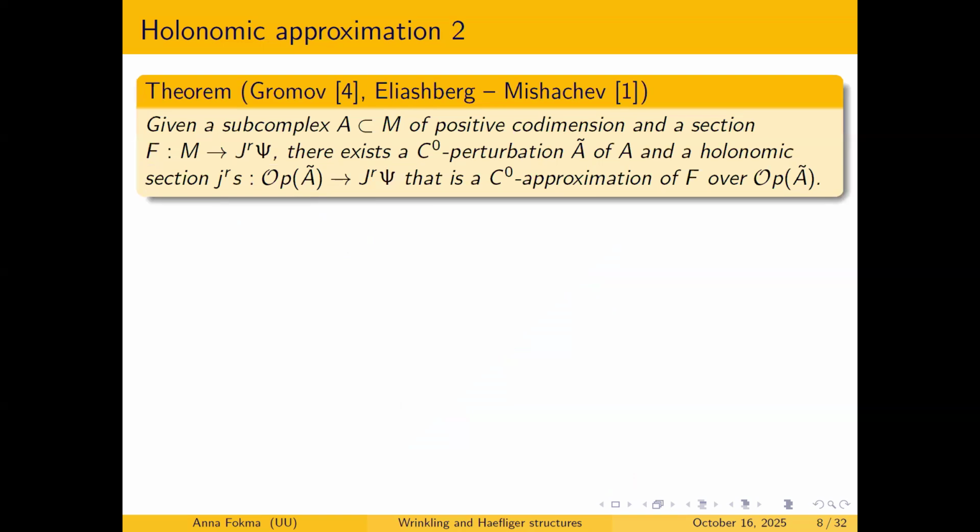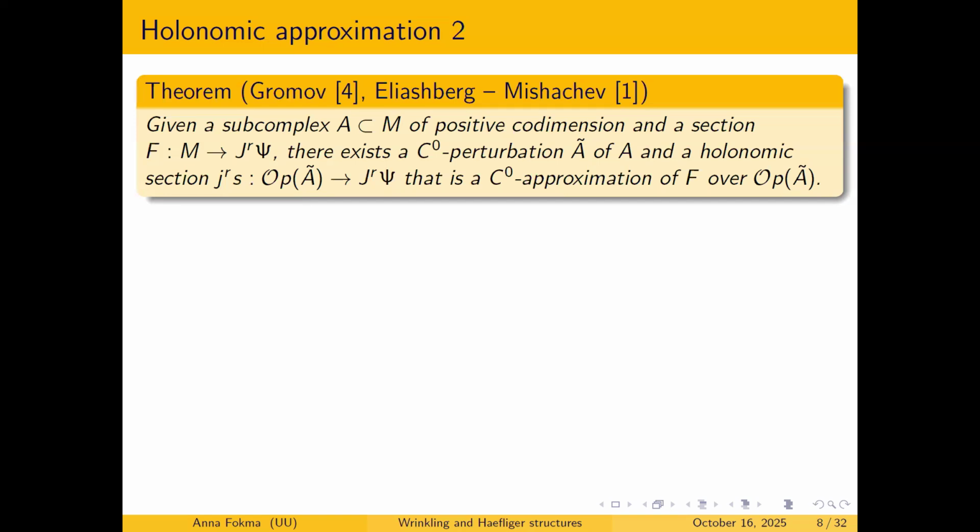But there is this theorem by Gromov, Eliashberg, and Mishachev, which tells us that under some conditions, holonomic approximation is possible. But there are some drawbacks. So for instance, we cannot do holonomic approximation over the entirety of the manifold. Instead, we can only achieve, at least in the setting of this theorem, a holonomic approximation over a subcomplex of the manifold of positive codimension.